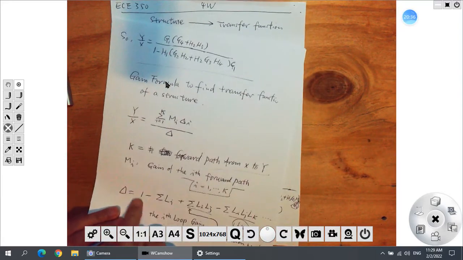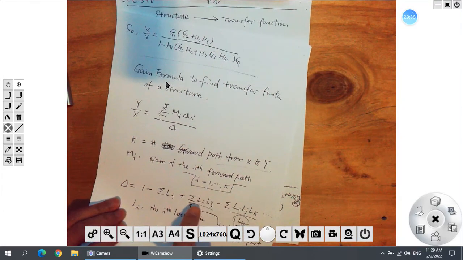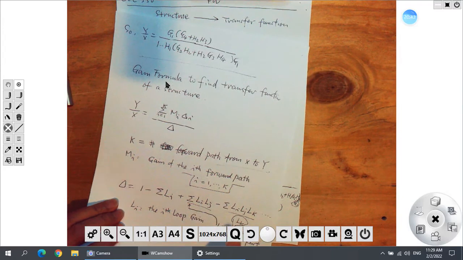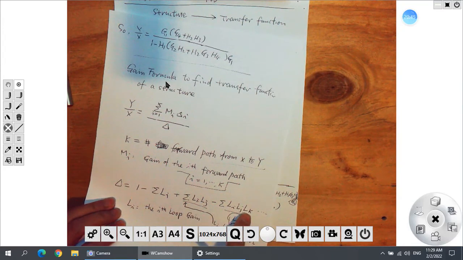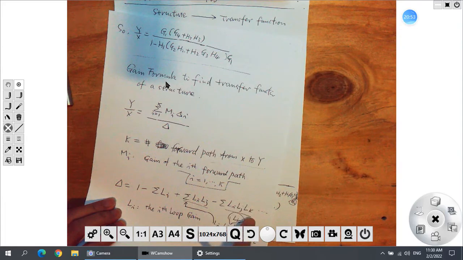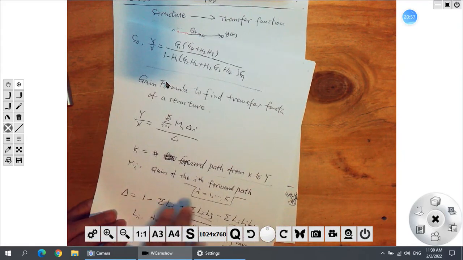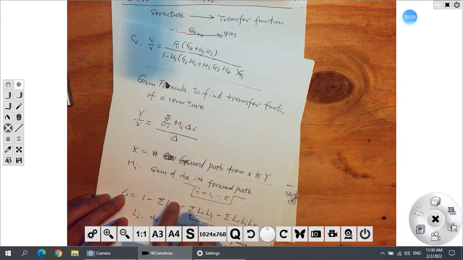Just 1 minus all those loops, and no pair of loops that do not touch each other. No triple loops, 3 loops as a group, that do not have any common part with each other. So in this example, delta is just 1 minus all these loops. Just minus loops, no this part, no this part.